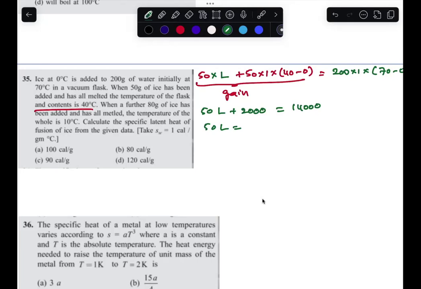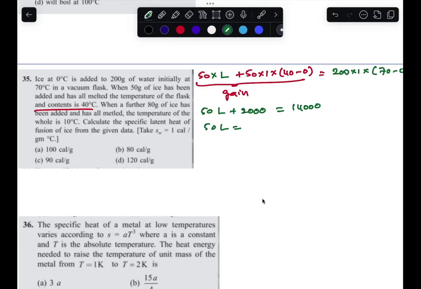Totally this will become 200 times 80 plus 100, that works out to 180 into 200, 36 kilocalories actually. Let me write kilocalorie.